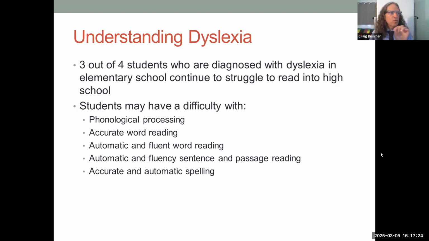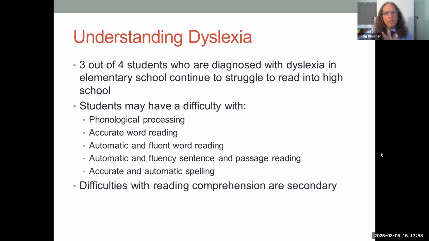You'll see some exceptions to that. Generally speaking, even if you have characteristics of dyslexia, most of us can decode better than we can spell. But there are some students where you see the opposite profile. Their spelling is actually really good, but they still really struggle to read words. That's a less common scenario.